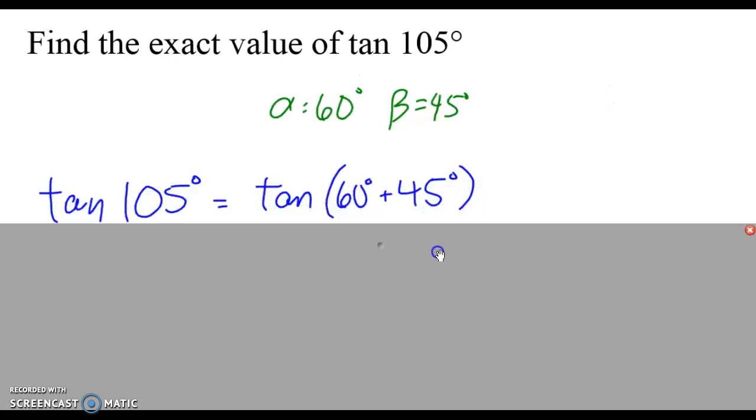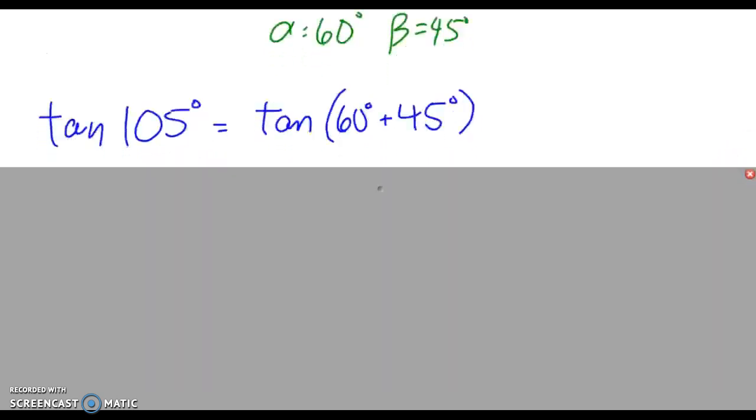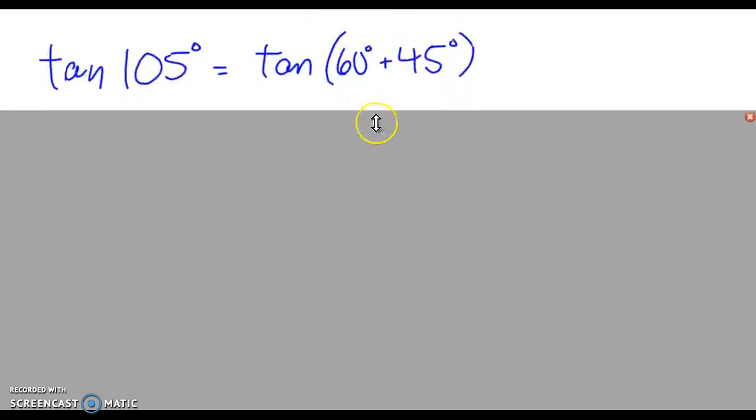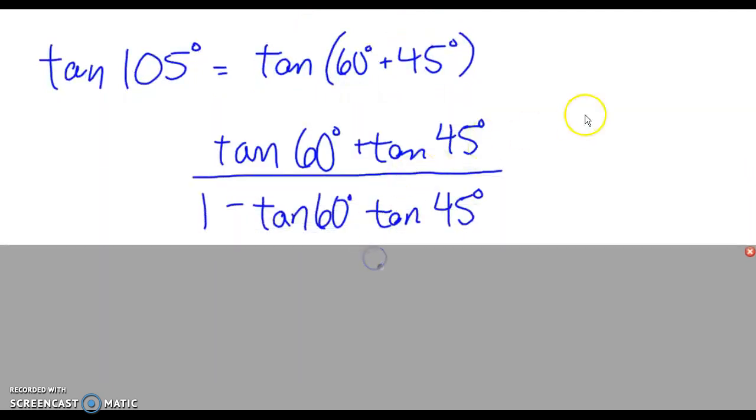Then I'm going to use this identity here for the sum of these two angles. So I'm imagining 105 degrees as 60 plus 45, and then I use my identity of tangent of alpha plus beta, and that would be tangent alpha plus tangent beta divided by 1 minus tan alpha times tan beta. And you can see all my alphas I replaced with 60s, and my betas I replaced with 45s.